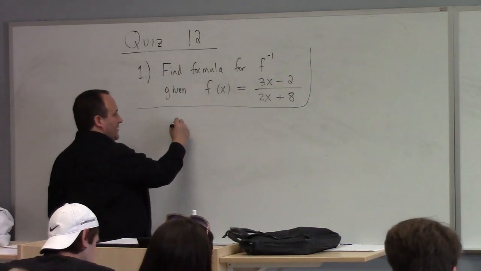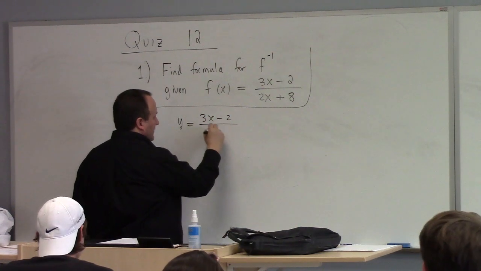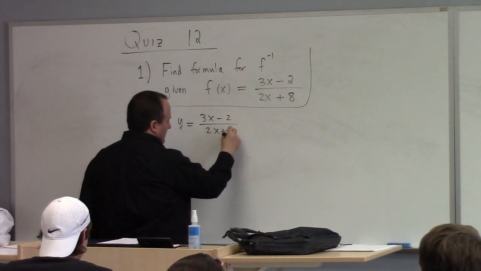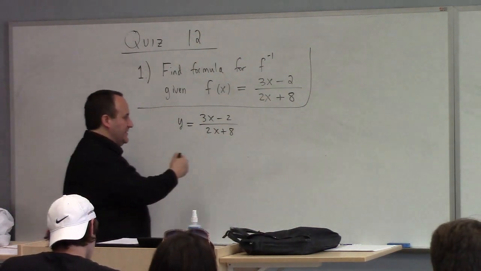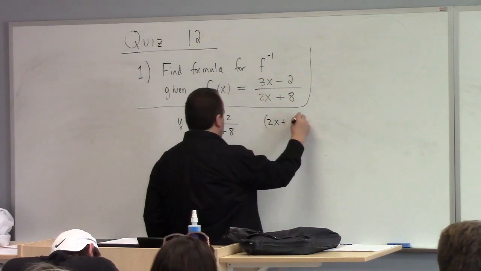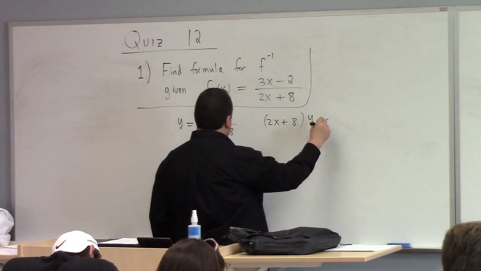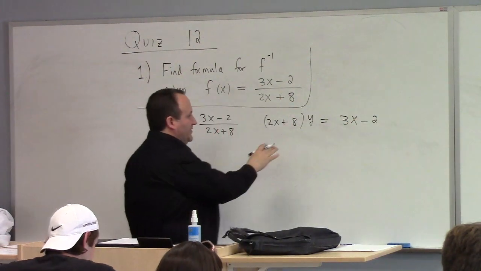So we start by writing y is equal to 3x minus 2 over 2x plus 8. And then we just want to solve for x. All right, so I multiply by the denominator. I get 2x plus 8 times y is equal to 3x minus 2. Then we multiply this out.